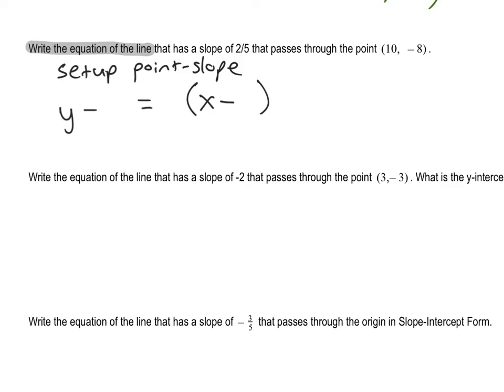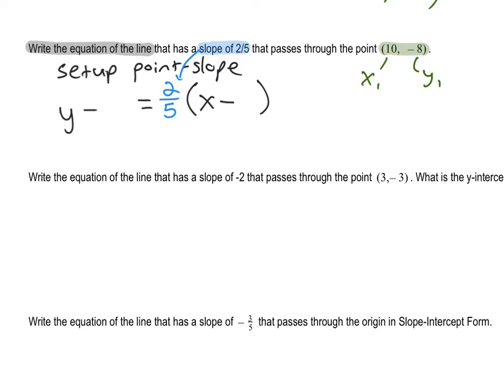So the first thing we want to fill in is our slope. Slope of 2/5. That's going to go on the outside right there. Now the tricky one here is our given coordinates is 10, -8. 10 is the first thing there. That's our x1. This is our y1. Okay.